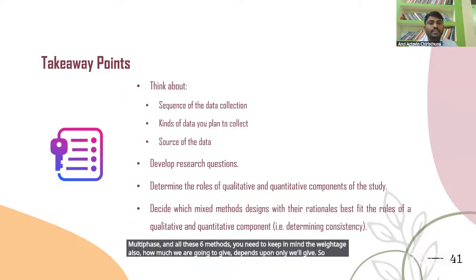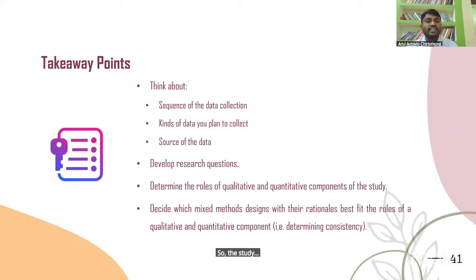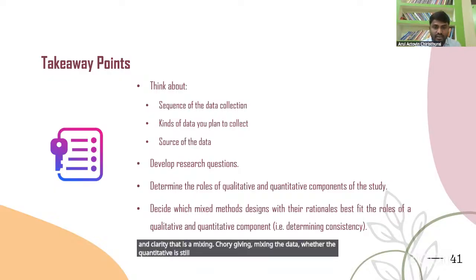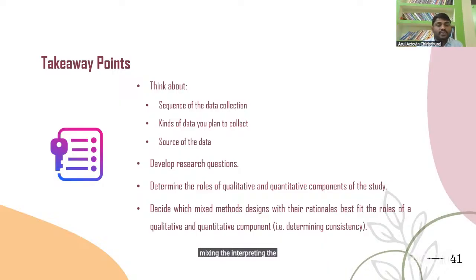So for the mixed method design, it is about selecting that. Again, I'm repeating the three things: time, weightage, and priority. That is the mixing, surely, mixing the data. Whether the quantitative is important or the qualitative is important, and how we are mixing and interpreting the data, depends only on this.